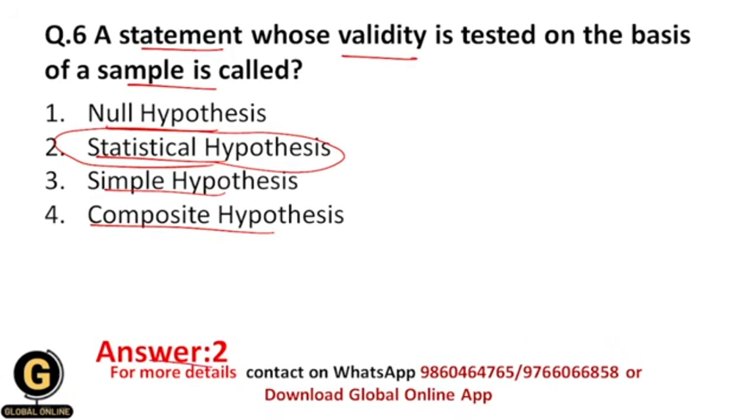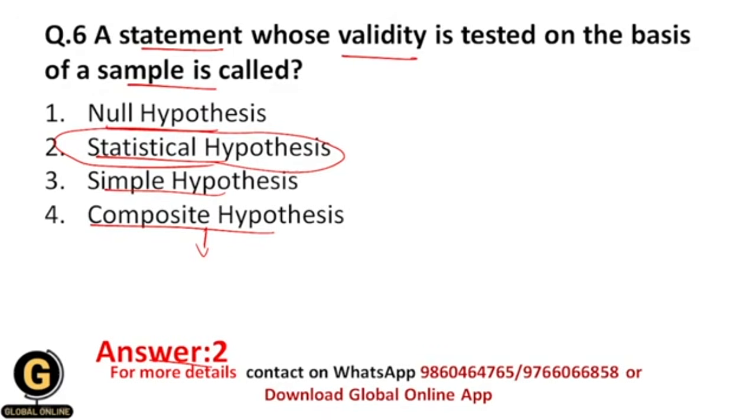Okay, and I hope all of you understood exactly what is null hypothesis, then simple hypothesis and composite hypothesis. And one more thing: I know the concept of composite hypothesis is a little bit difficult to understand, but here you can't exactly give the numerical value to the null hypothesis specifically.